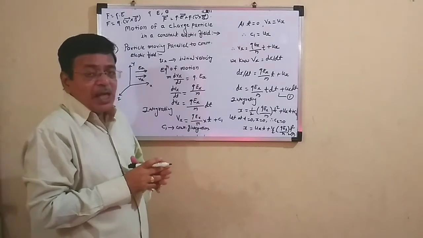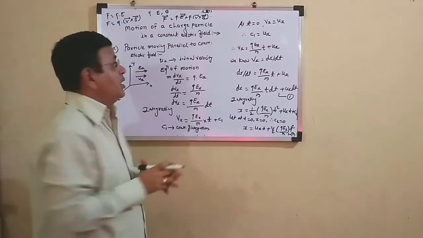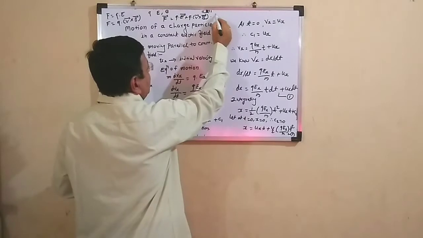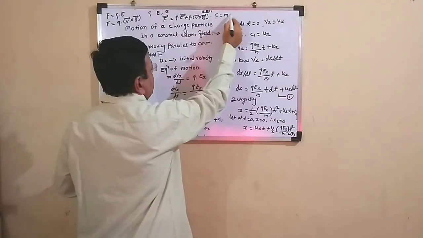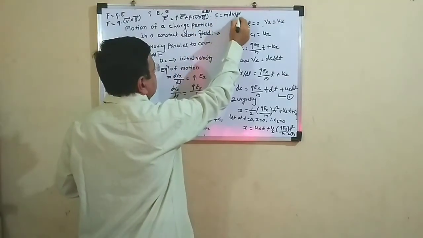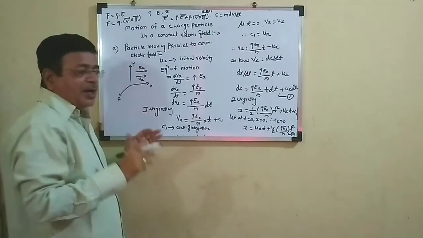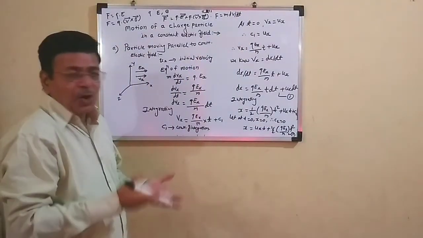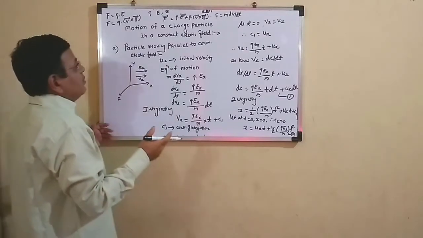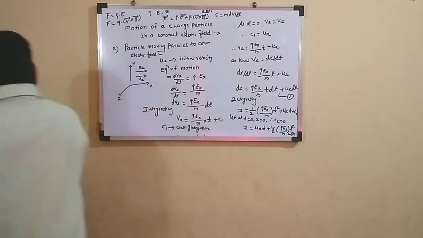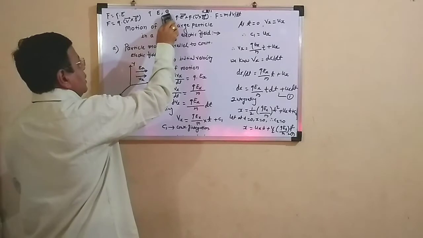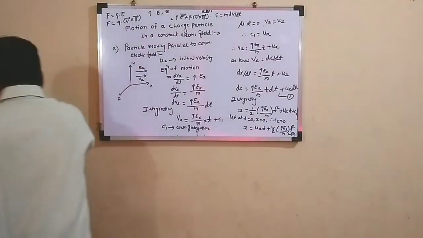Now we know very well, according to Newton's second law, F is equal to M into A, that is M into dV by dt.